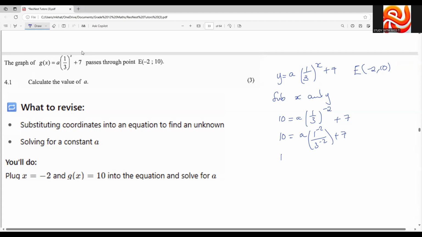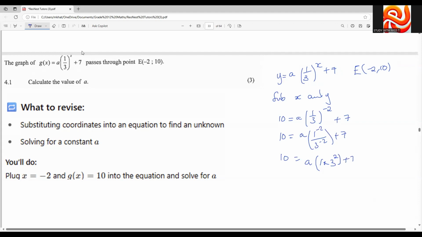So remember, according to the laws, right? Anything 1 to the power anything, it's still going to be 1. All right. And then, remember when we reciprocate, right? A denominator with a negative exponent, that means we are going to have it as 3 to the power 2, from the denominator to the numerator, okay?